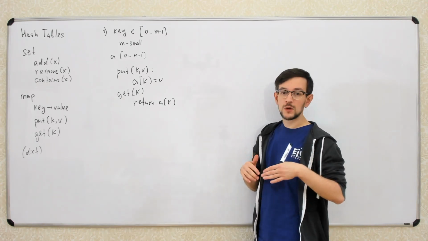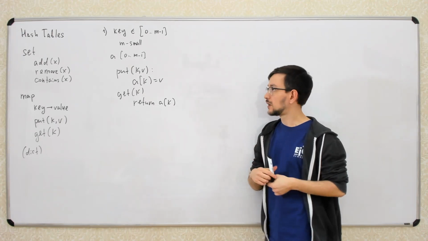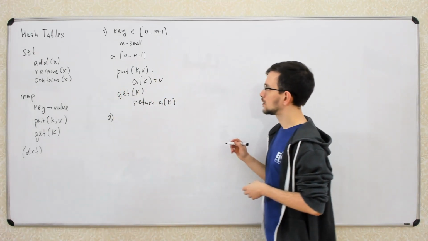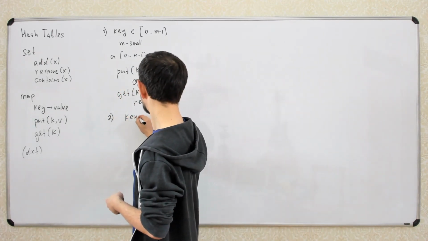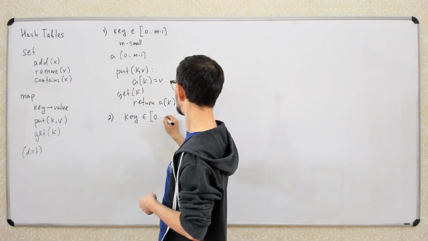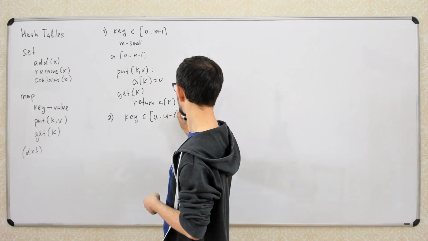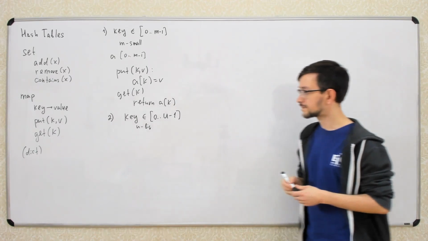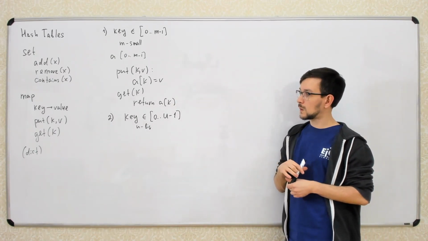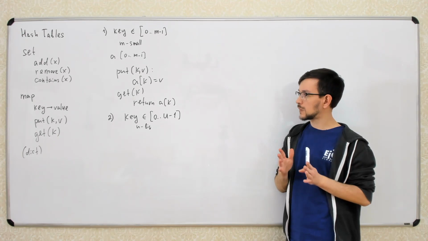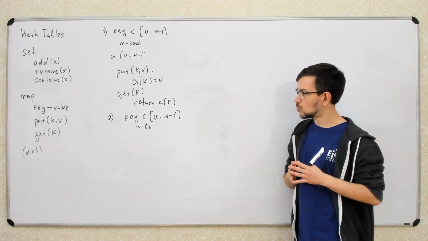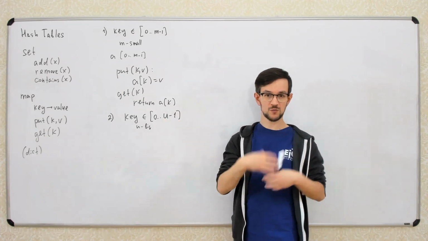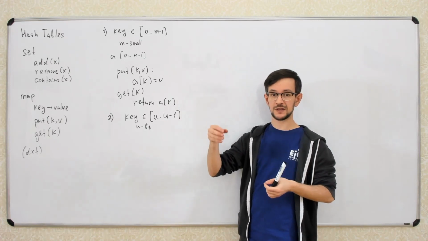Now, what happens when the key is not a small integer? For example, if the key is an integer but from some big range from 0 to u-1, and u is big. What you can do is make some function which takes a big number and returns a small number, and use this small number as an index in your array.